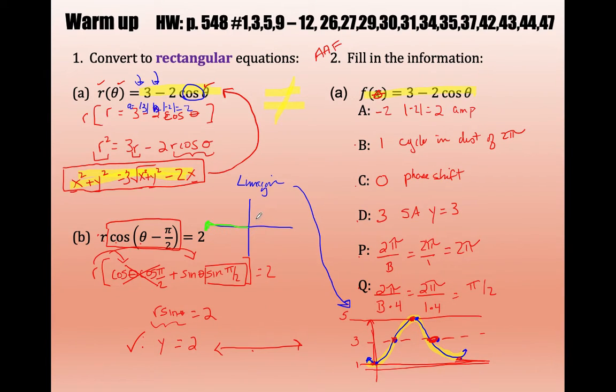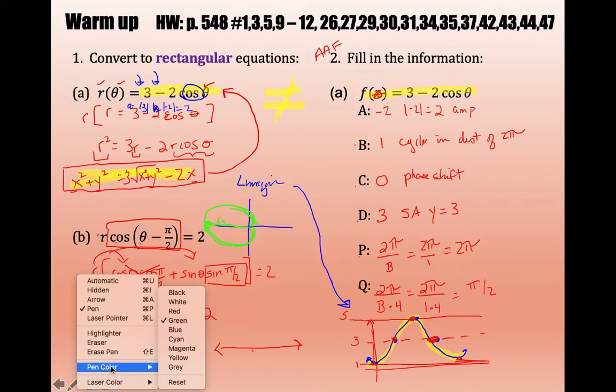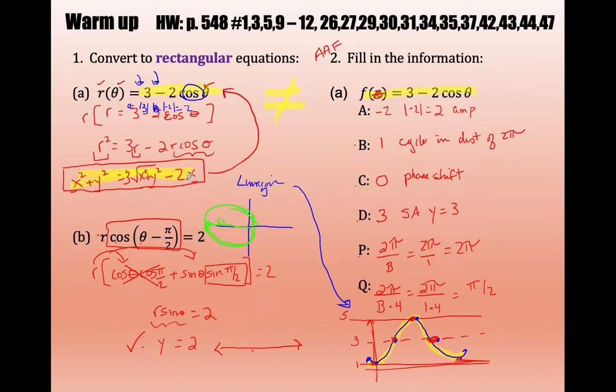And my short radius would come in and try to kiss the pole, but I wouldn't make it. Terrible graph. So this distance from the pole here would be 5, and the length to the non-kissy part is 1.